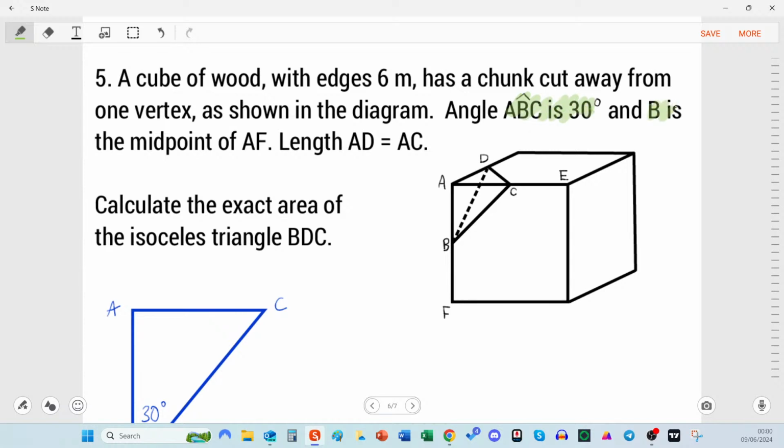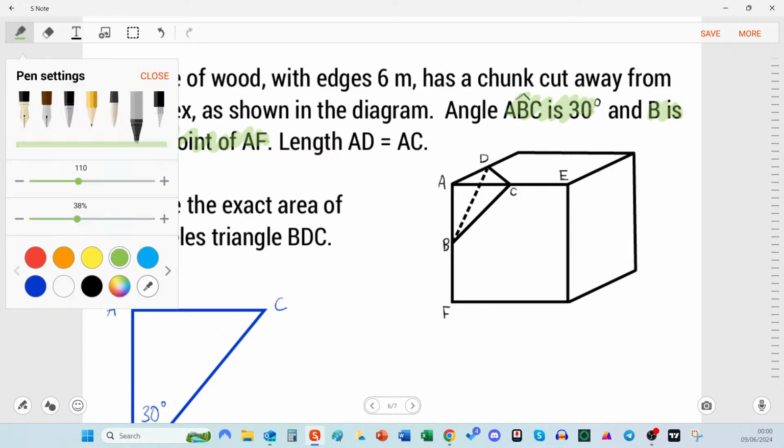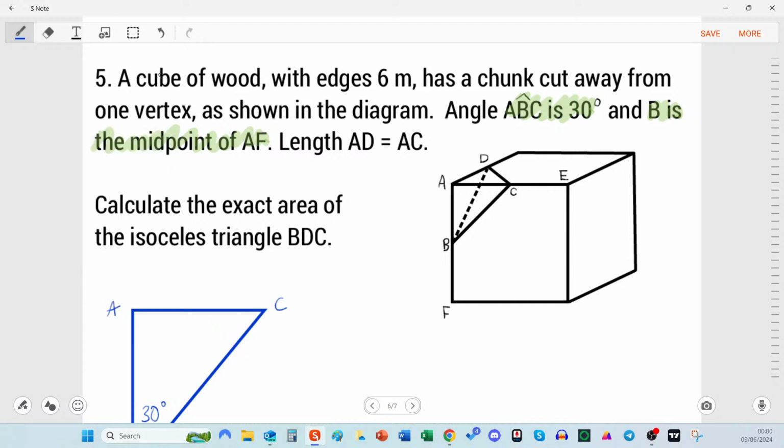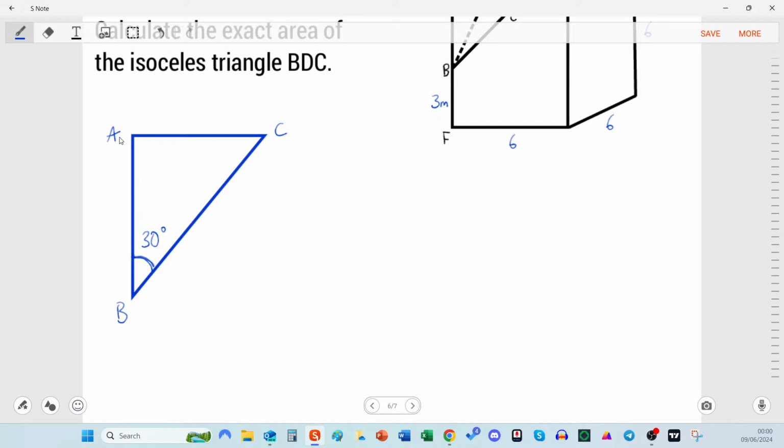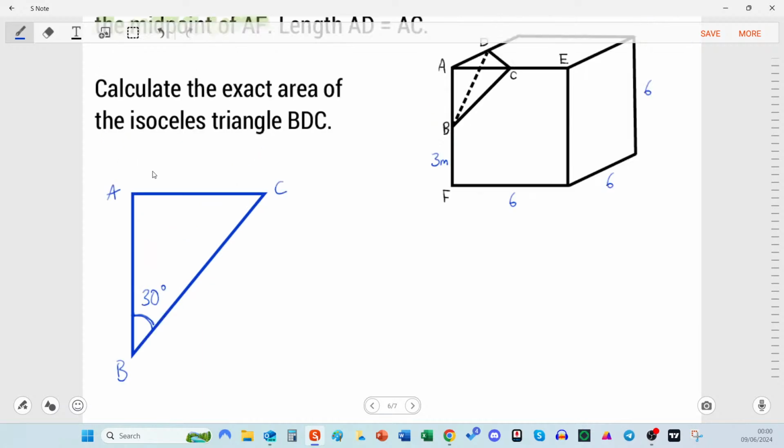And the second bit is that B is the midpoint of A to F. And so we're reminded of this cube being 6 meters in all directions. So BF has to be 3. Which makes AB 3. That's the implication. That's the point.